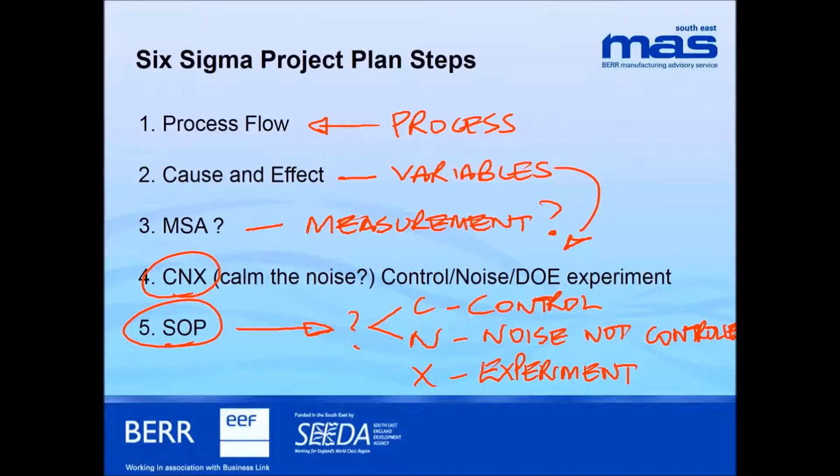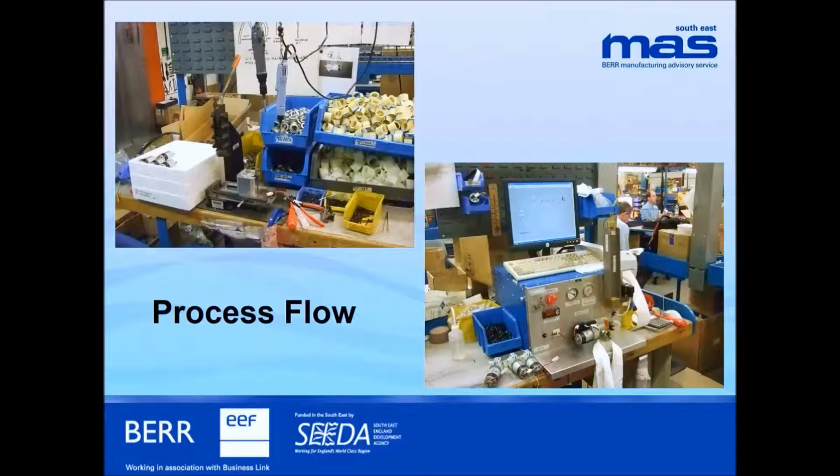But because this is a finished assembly failing an end-of-line test, the first thing we have to ask the question is, well, is it the process or is it the parts? Here is the process. 2 workstations.